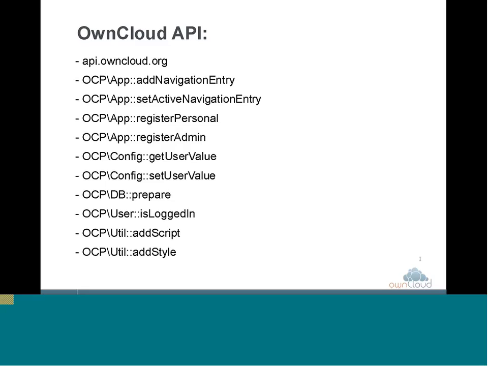So only use the OCP ones that are available for the applications, and they are also guaranteed to be stable between ownCloud versions. So if you write an app for ownCloud 5, for example, and then ownCloud 6 is released, and you only use the OCP calls, then your application works automatically without any changes. So this is the stable public API.